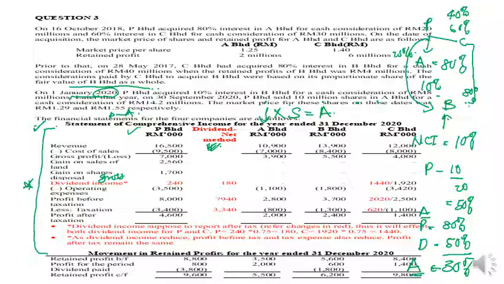Okay. So the market prices for these shares at those dates were RM1.29 and RM1.55. RM1.29 is for when P acquired B, and RM1.55 here is when P disposed of A. Okay. So the one in red here mentions the gross method and the net method.